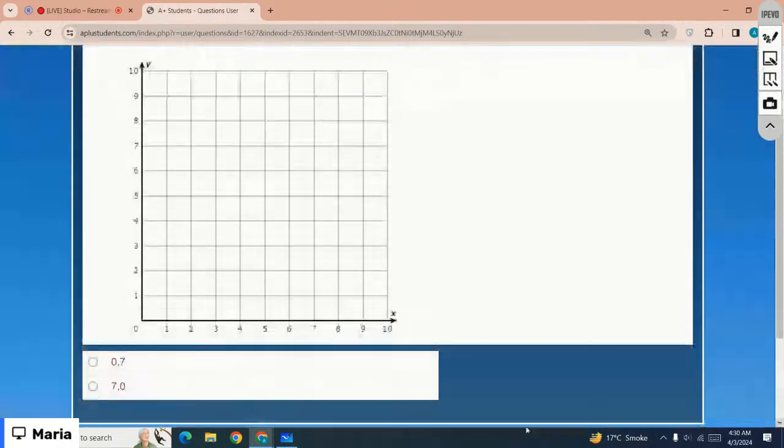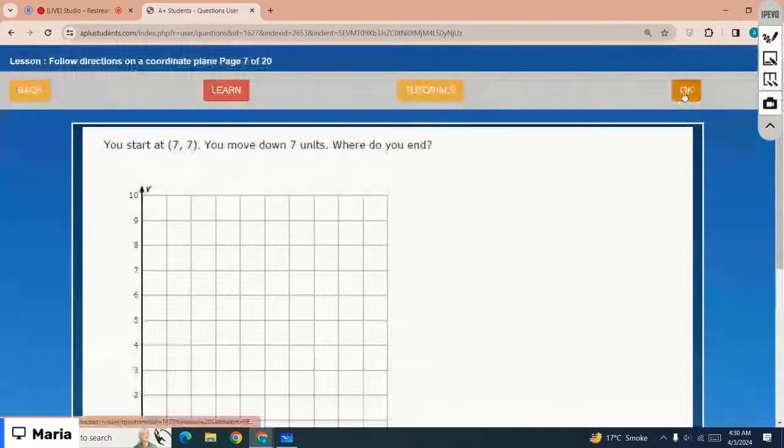Because you're moving down, you have to subtract from the y axis. So that would be (7, 0).